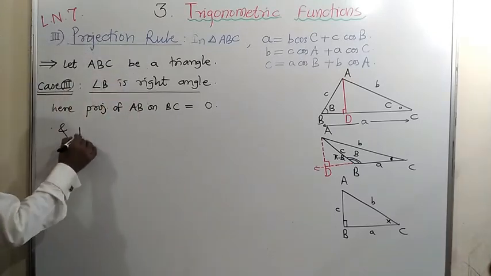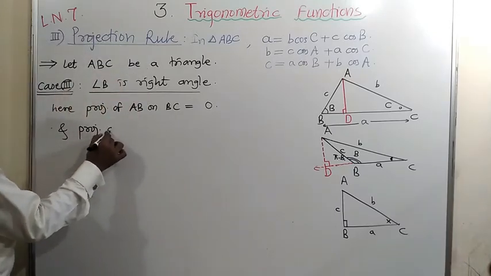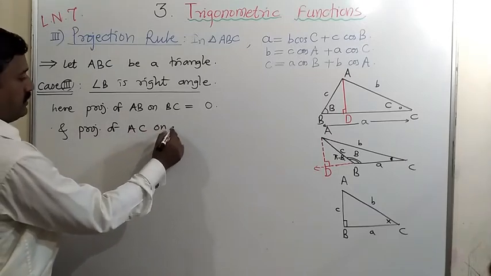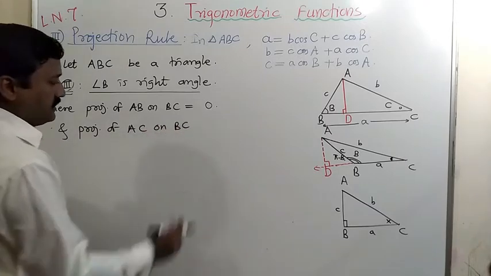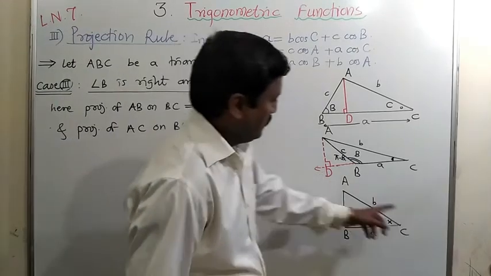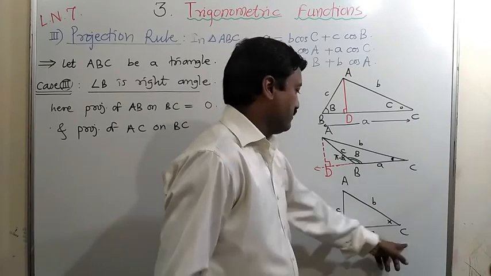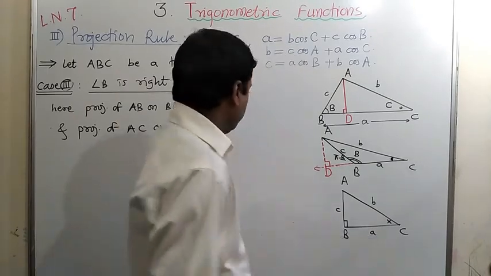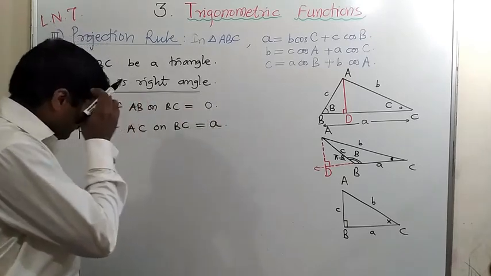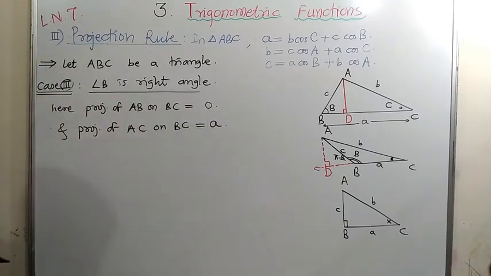And now the projection of AC on BC, that we have to find. The projection of AC on BC is equal to a.